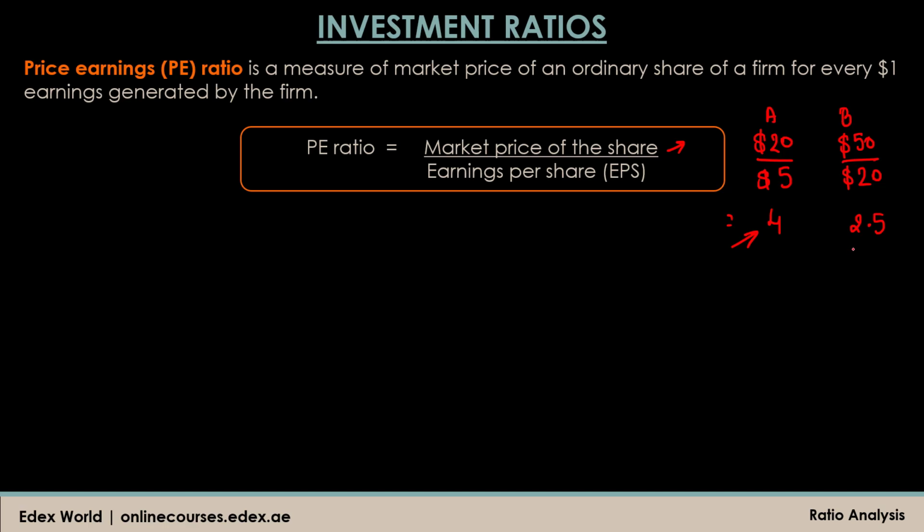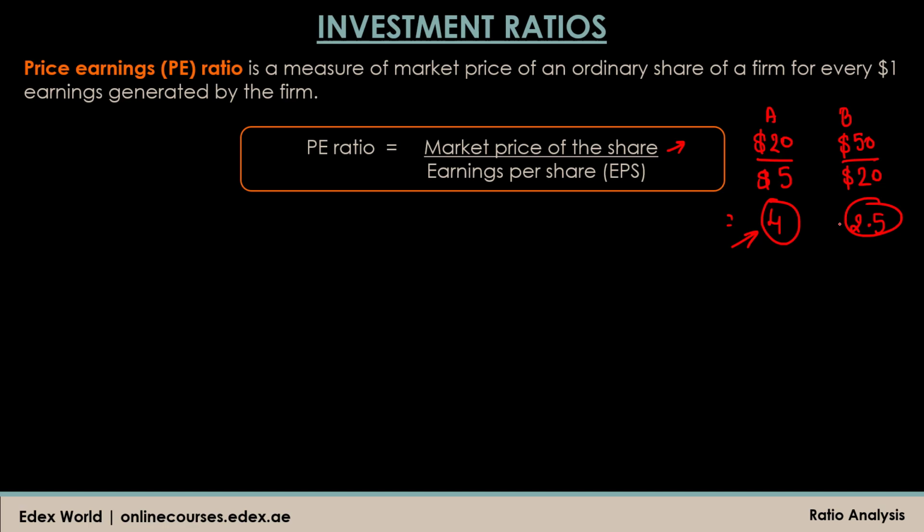Now tell me which firm is having an expensive share, or which share is more expensive, firm A or firm B? Definitely firm A, because to make $1 in firm A, you'll have to pay a price of 4, while to make $1 in firm B, you'll have to pay a price of 2.5.